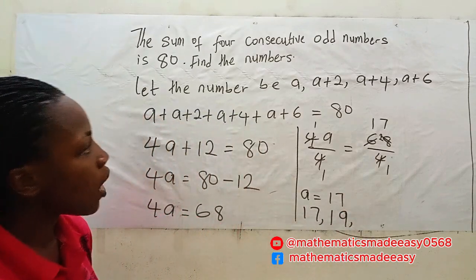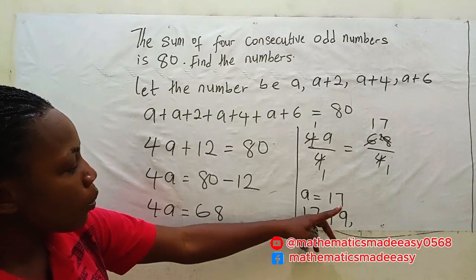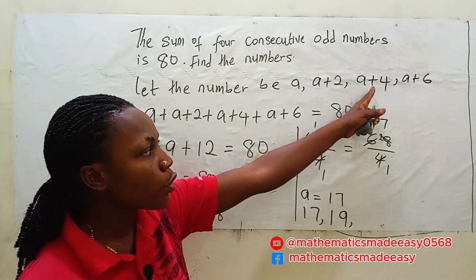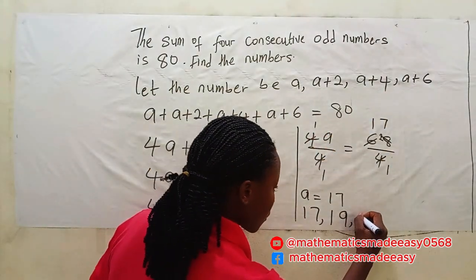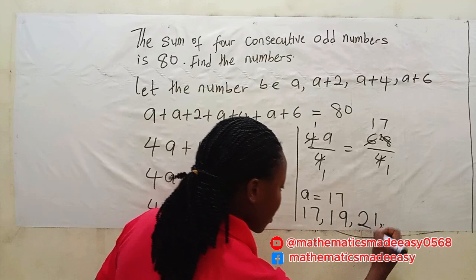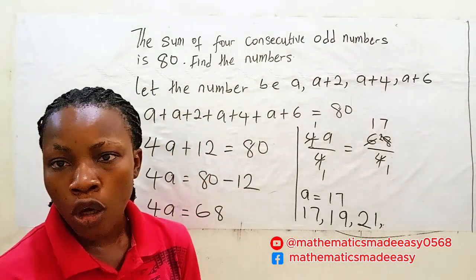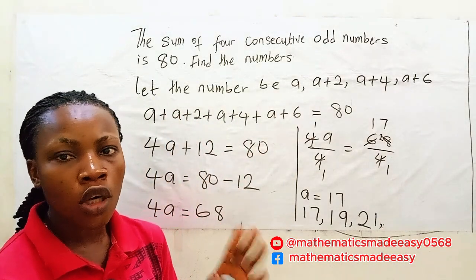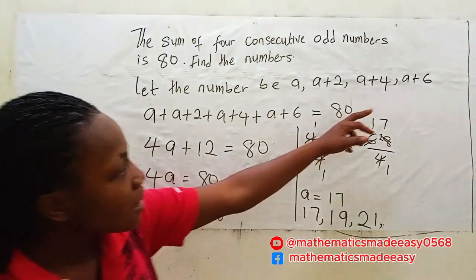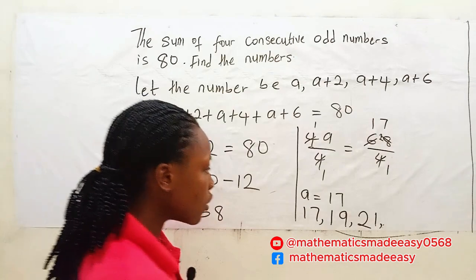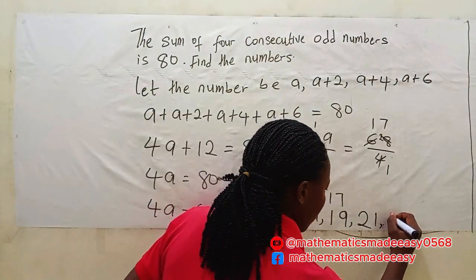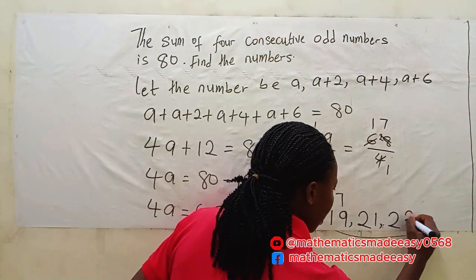Our third odd number is going to be 17 plus 4, which will give us 21. And the last odd number, that is the fourth odd number, is going to be 17 plus 6, which will give us 23.